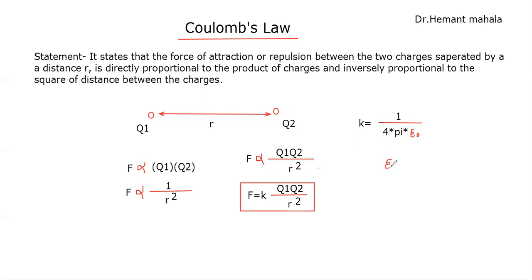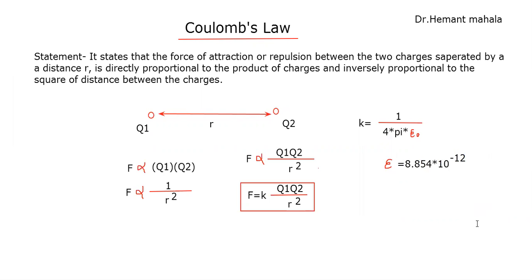Its value is constant, because for free space the relative permittivity is 1, and it is equal to 8.854 into 10 to the power minus 12.